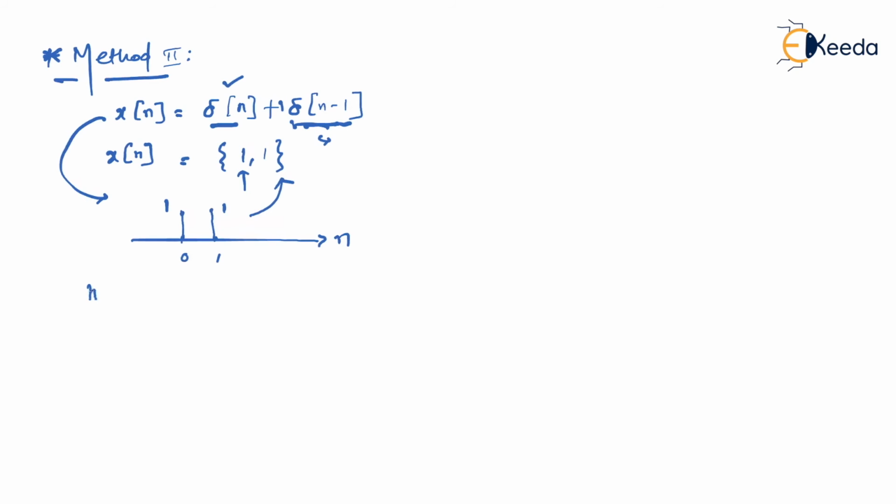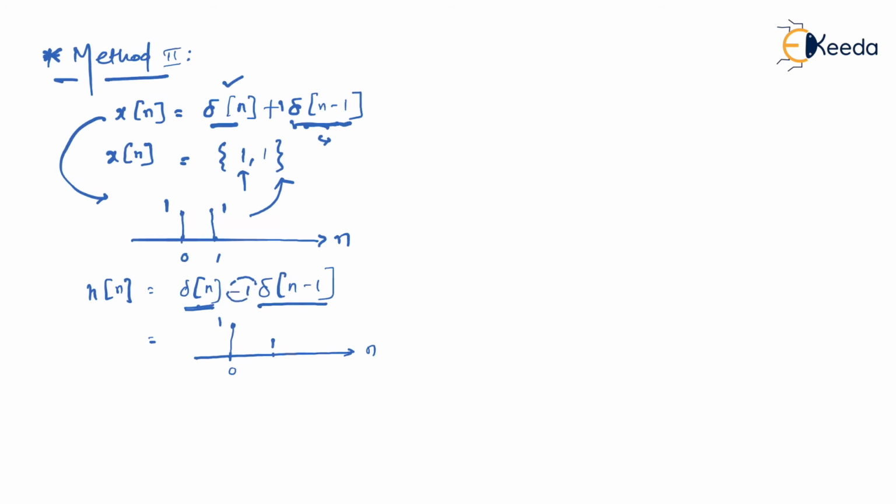Let me express my h[n] also. h[n] was δ[n] minus δ[n-1]. Graphically I can represent it like this. Again, the axis is n. We know that δ[n] is present at n equal to 0 and will have an amplitude equal to +1, and the second impulse is present at n equal to +1 because it is δ[n-1].